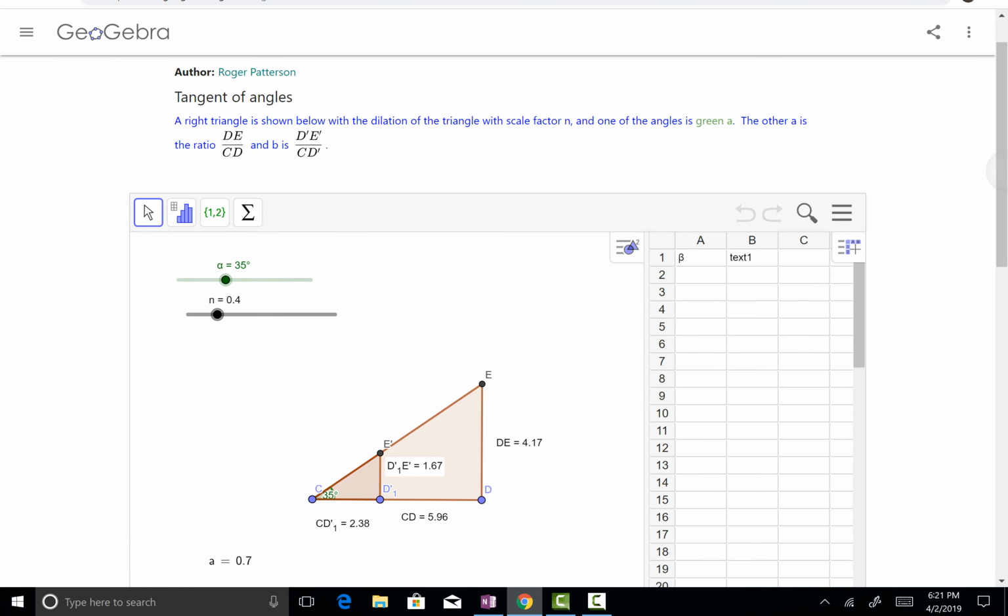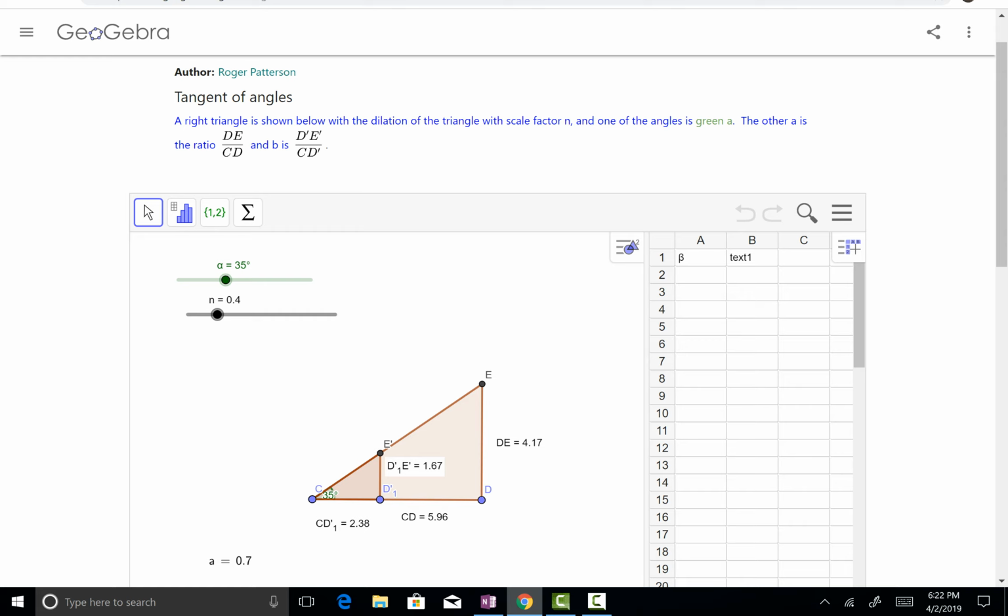Okay, so the right triangle that's shown here, there's two of them. We have a right triangle C, D prime, E prime right there. And then we have another one, C, D, E. That is another triangle. And it says here that a right triangle is shown below with a dilation of the triangle by scale factor N. And one of the angles is green A right there.